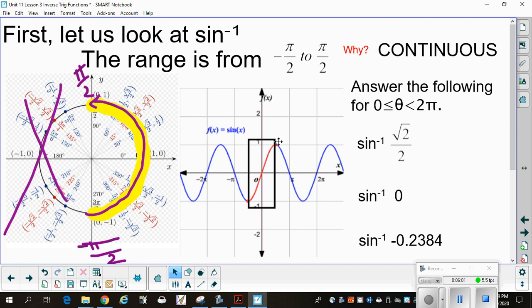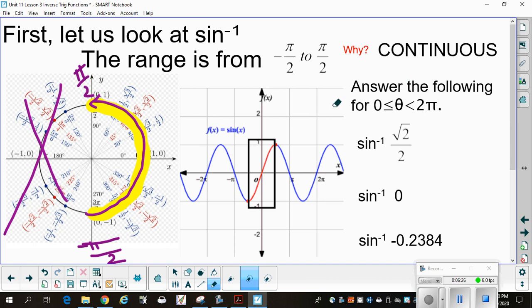If we did 3 pi over 2, remember that 3 pi over 2 would be from here to here, which is the same y values as this, but then from 0 to pi over 2 is here. So it would be a discontinuous function. We want a continuous function, thus going from negative pi over 2 to pi over 2.